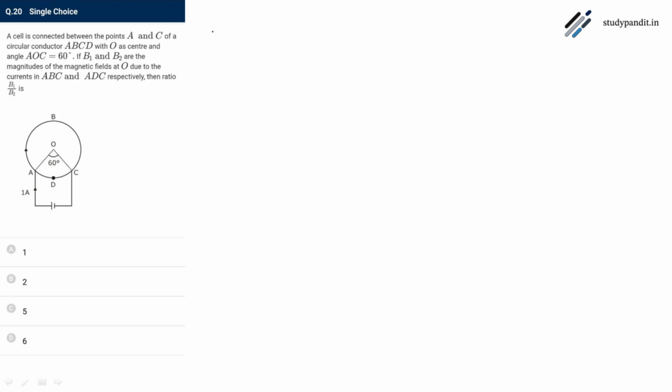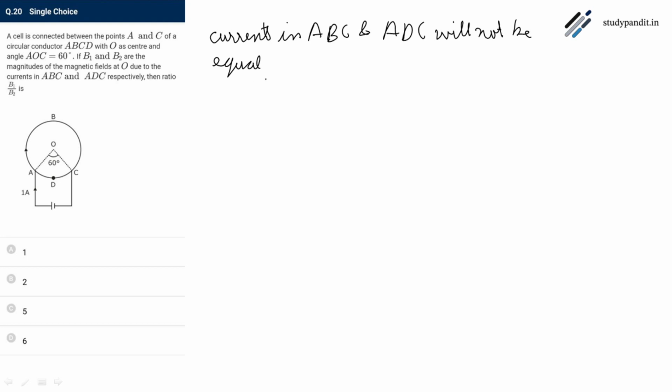So as we can observe, the currents in ABC and ADC will not be equal, as they both have different resistance, and also B depends on the length of the wire.